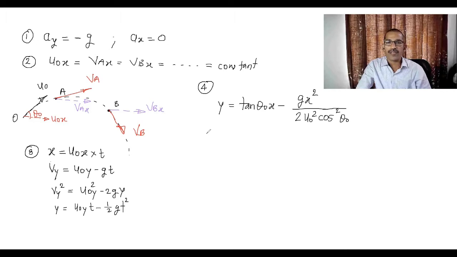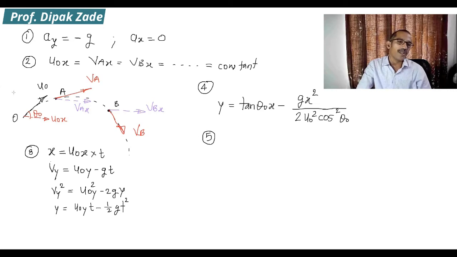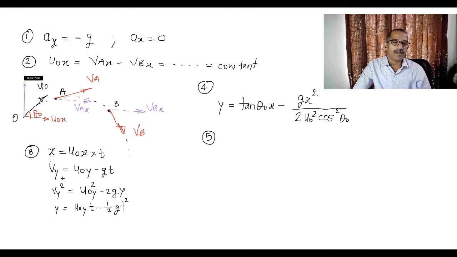Next important point, considering a motion from initial position to topmost location. Now in this figure I will explain when we find these velocities which are important here. Initially the particle is projected, so here we will get some vertical component of velocity, u0y. Now as per this equation, vy equal to u0y minus gt.